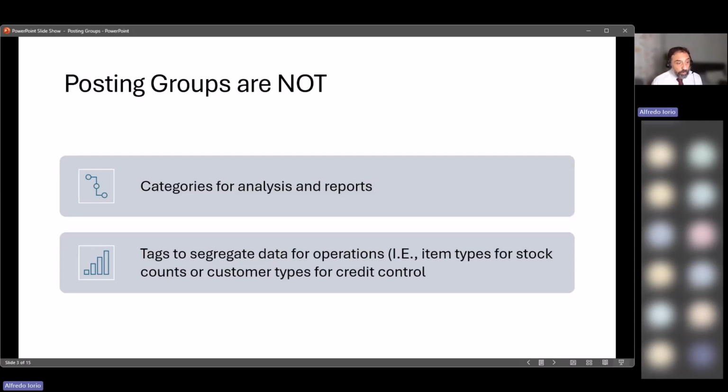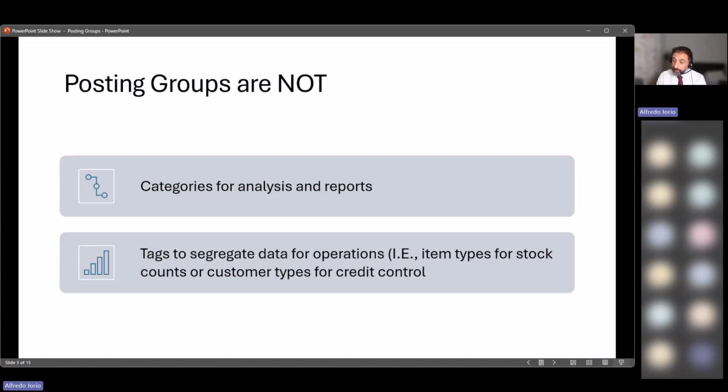Posting groups are not tags to segregate data for operations. So, for example, item types for stock counts, right? Or customer types for credit control. The misunderstanding and the confusion comes because the Cronus sample data that we have when we work on a sandbox tends, let's say, to lead to this misunderstanding, right?